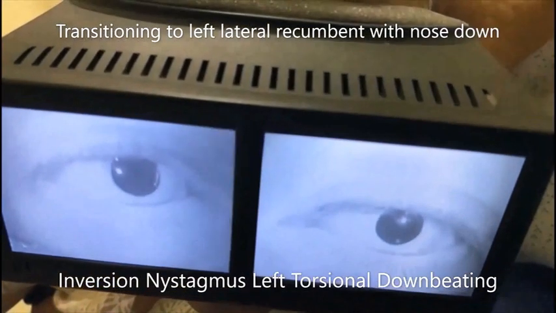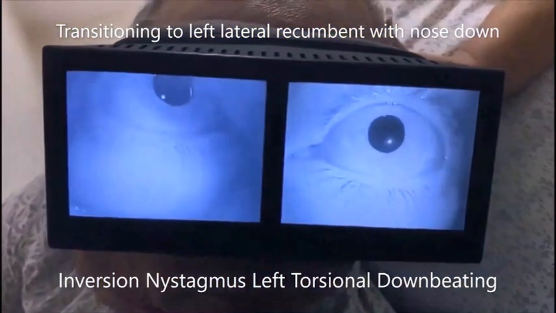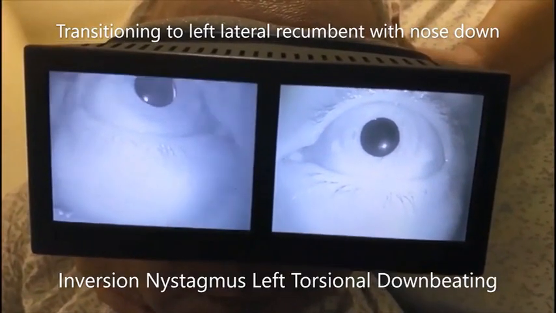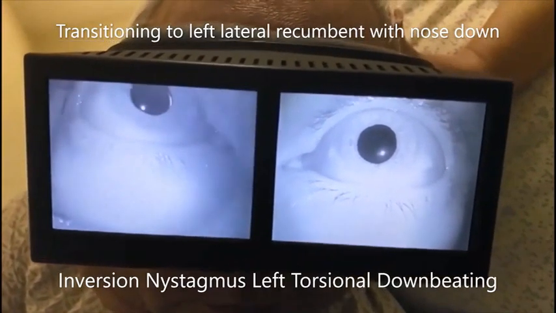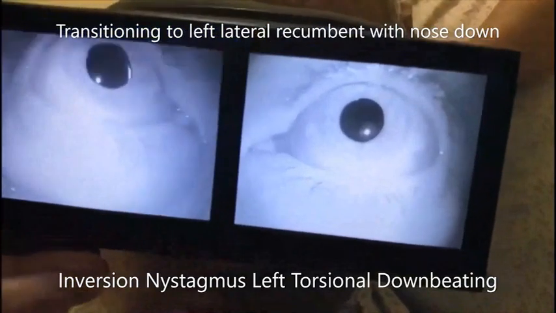In the left lateral recumbent with nose down, the nystagmus becomes downbeating and left torsional, suggestive of adherent type of cupulolithiasis.